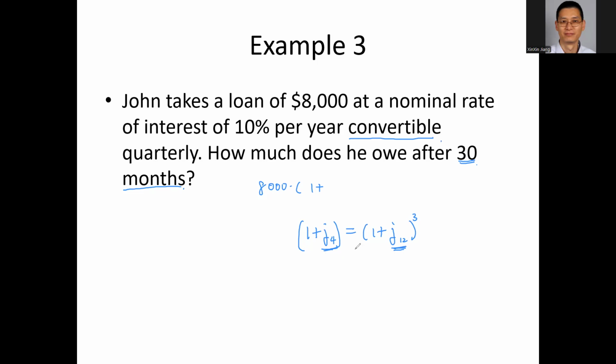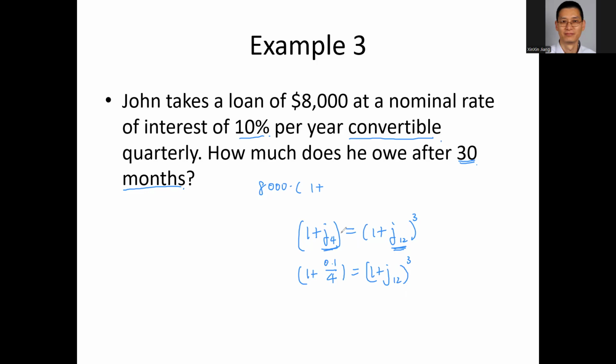So J4 is 10% divided by 4, because that 10% is a nominal rate compounded quarterly, so that equals 0.1 over 4. So I have this relation equals 1 plus J12 to the third.